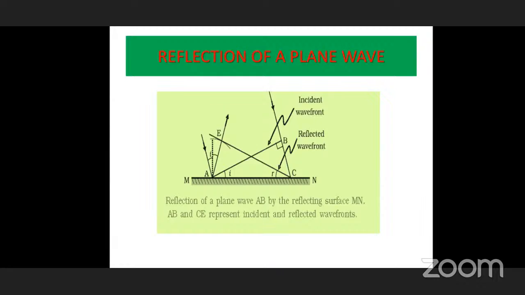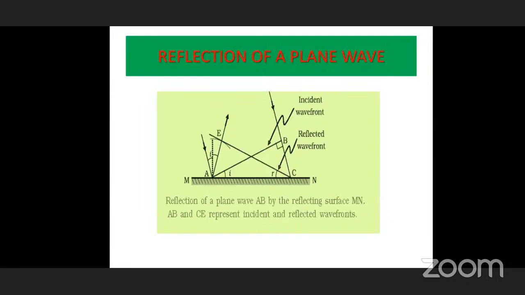Therefore, in these two triangles, AE and BC are equal, each equal to Vt, and angle E is equal to angle B, or you can write angle AEC is equal to angle ABC. If NAE is R, what about ECA? That is also R. How is it?